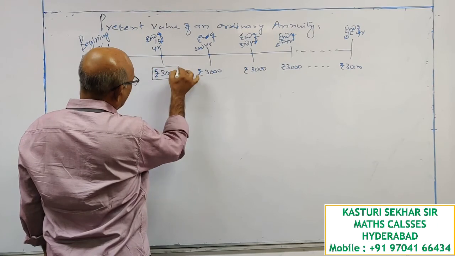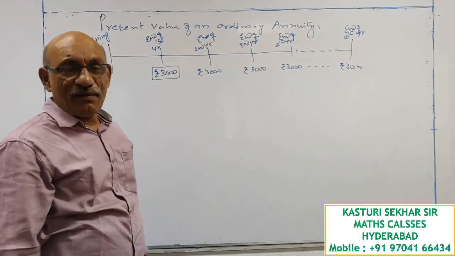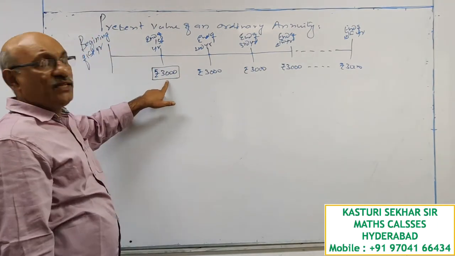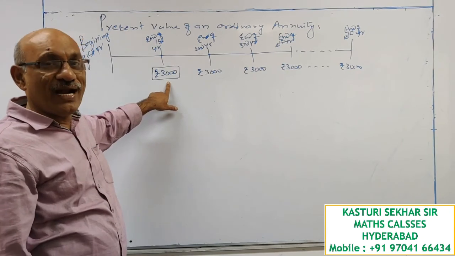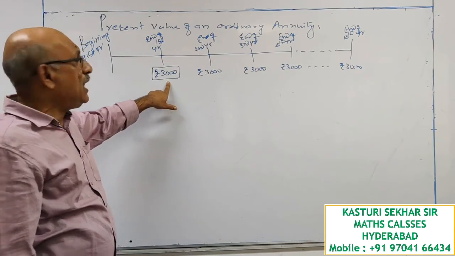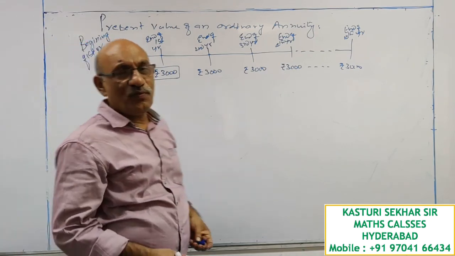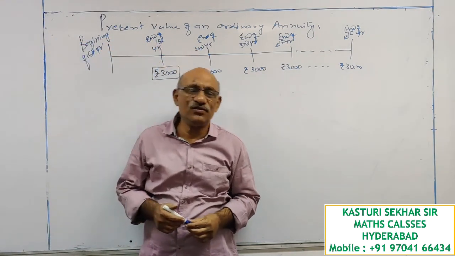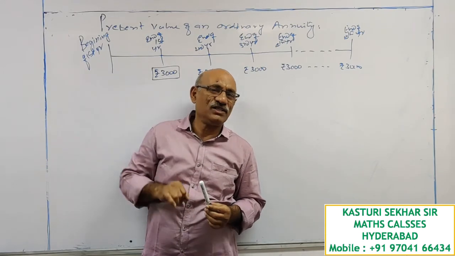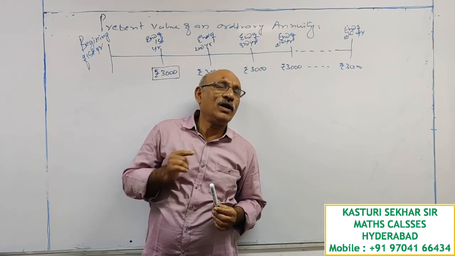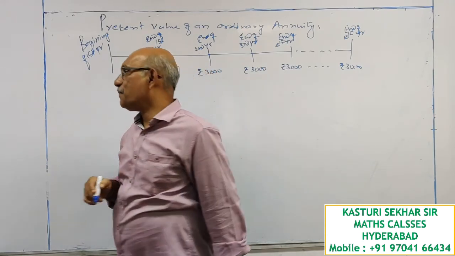Now, how am I analyzing this to calculate the present value? If 3,000 rupees is due at the end of first year, what is its value today?